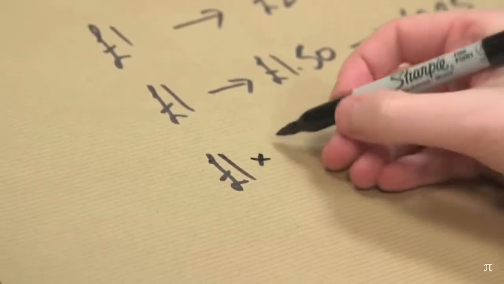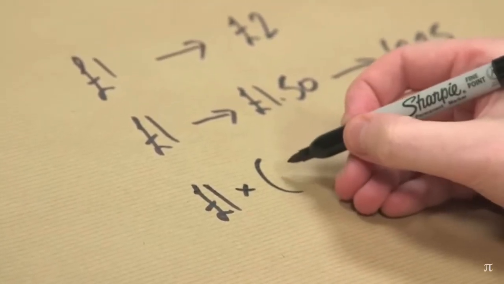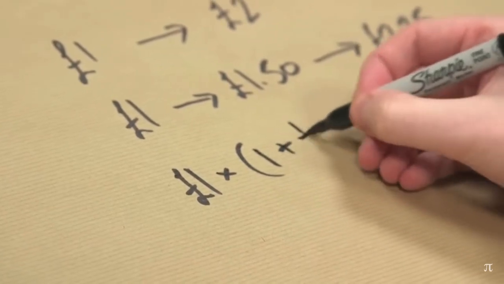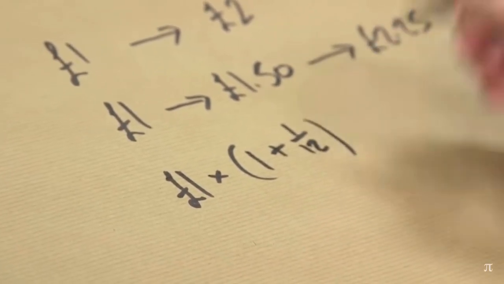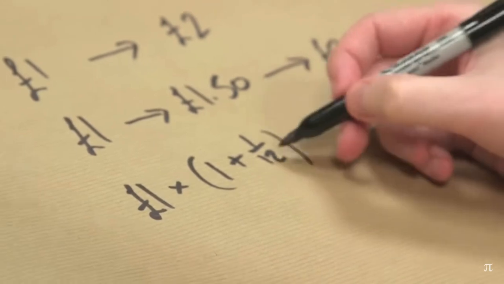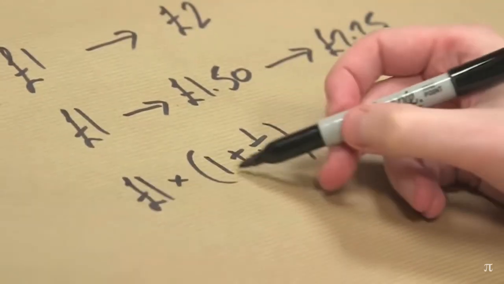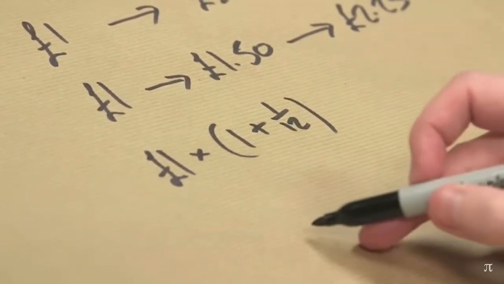So what happens if I do this more regularly? What if I do it every month? I offer you 1/12 interest every month. Is that better? So let's think about that. So after the first month, it's going to be multiplied by 1 plus 1/12. So 1/12, that's your interest. And then you're adding that onto the original pound that you've got.